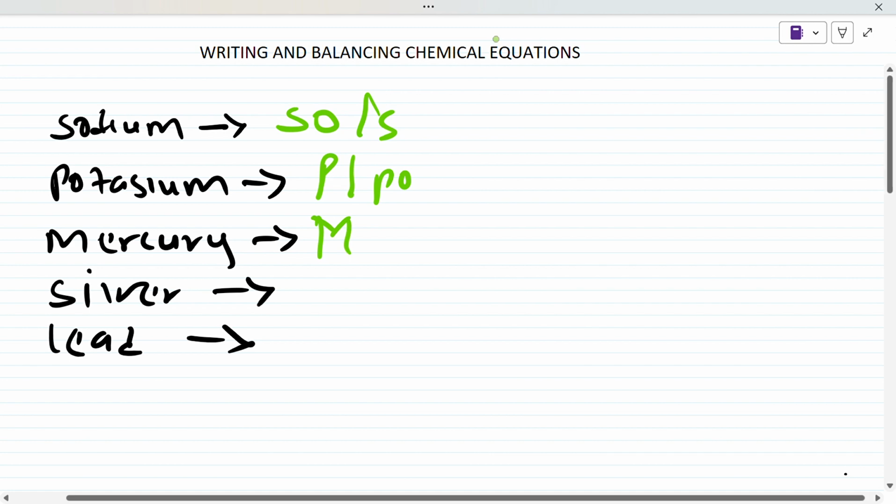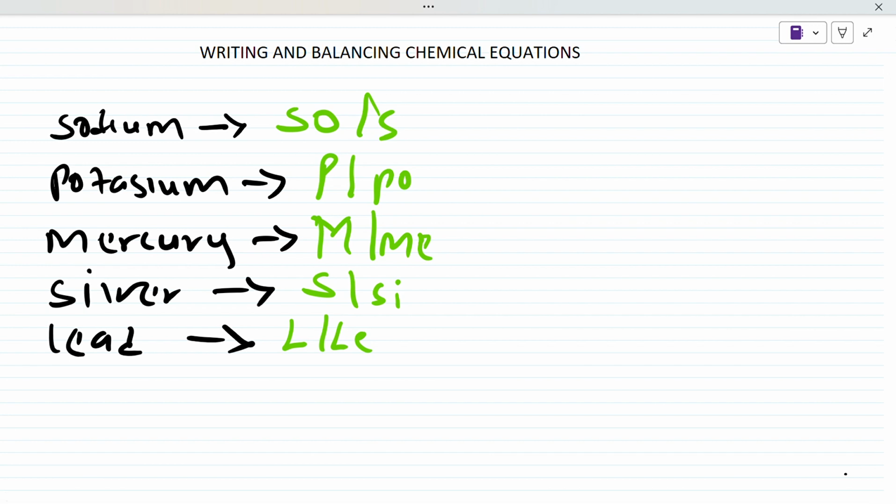Mercury is not even M or ME. Silver is not even S or SI. Lead is not even L or LE. But instead, they have unique types of symbols.